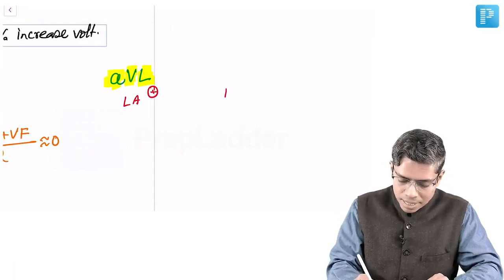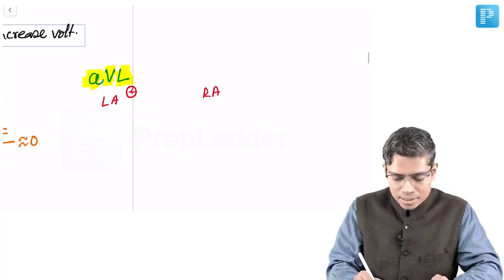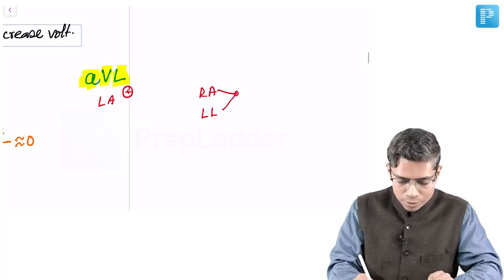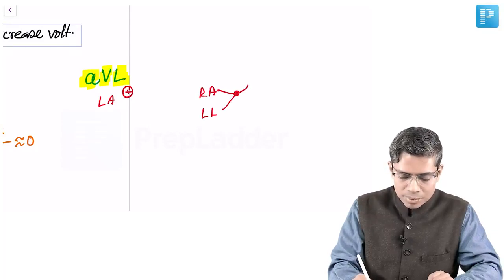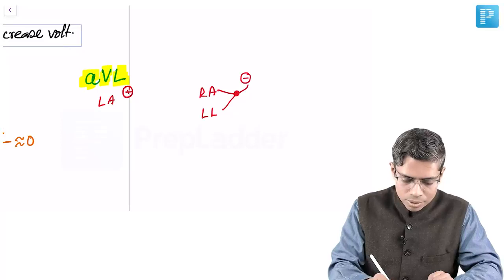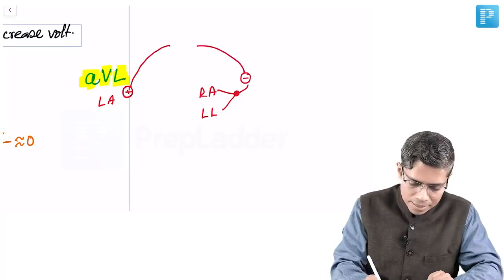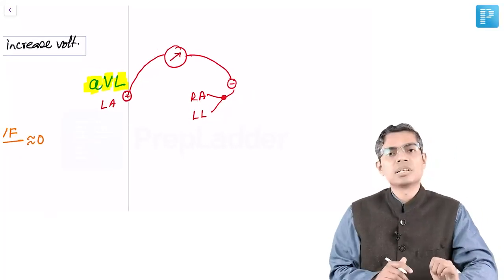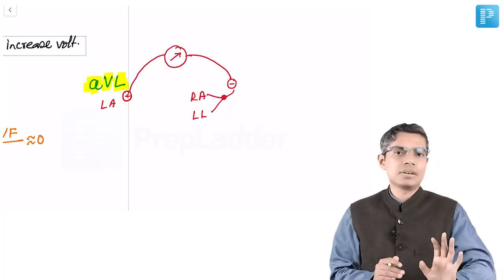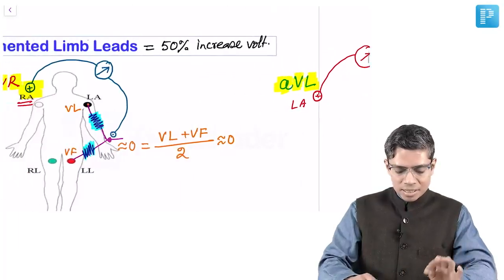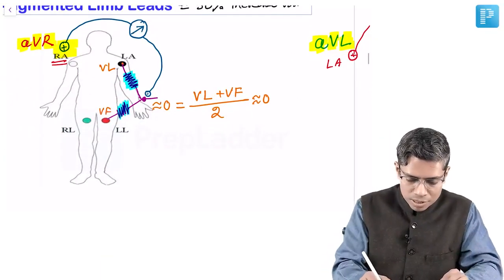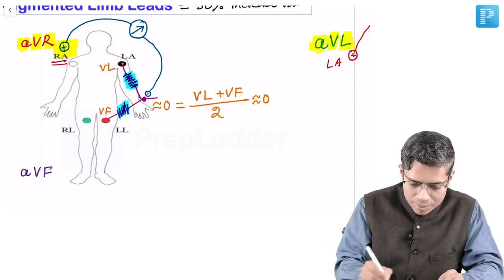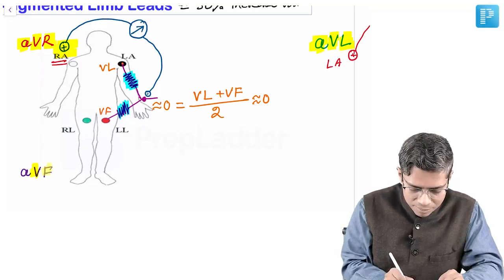And the right arm as well as the left foot or left leg has to be connected through a high resistance. So this will be the indifferent electrode. Between this positive and negative, if you connect a voltmeter, this is nothing but your AVL recording, right? Similarly, if you want to produce AVF, A for augmented, V for voltage, F for foot.